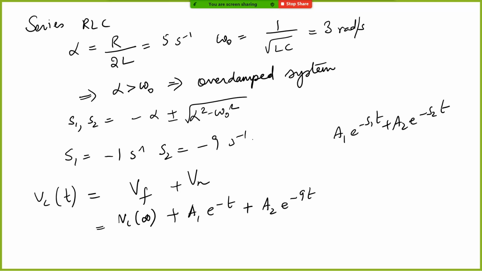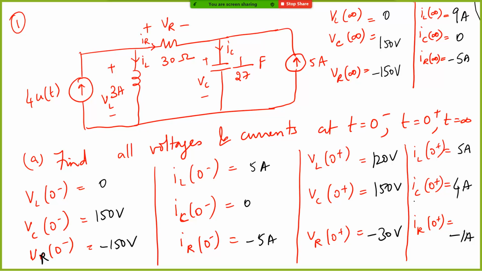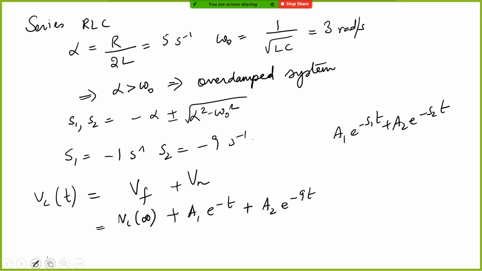Because we have this complete expression, our constants a1 and a2 will appropriately change. Now what is Vc of infinity? We found that Vc of infinity is 150 volt. So the equation becomes 150 plus a1 e to the power of minus t plus a2 e to the power of minus 9t.